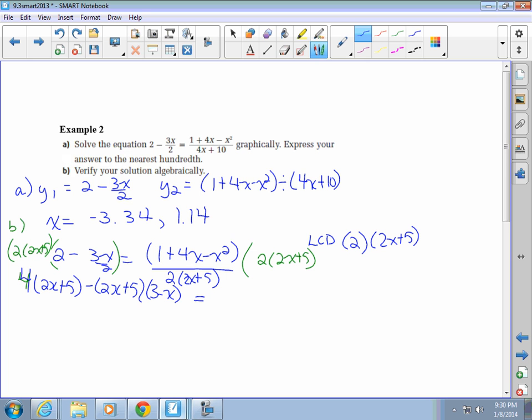So now on this side, 2 times 2x plus 5 times 1 plus 4x minus x squared over 2 times 2x plus 5, well, those are just going to cancel each other. So I'm left with 1 plus 4x minus x squared. So what do I have here in this mess? I have 8x plus 20.